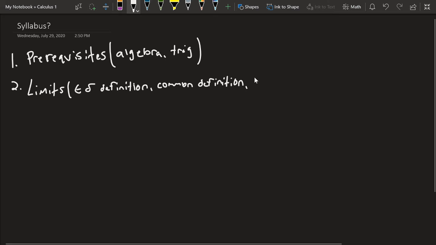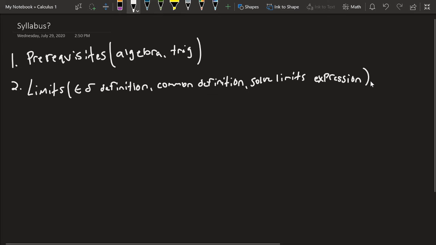Likewise, we'll learn the utilities of the limit, and we'll learn how to solve limit expressions. If I give you some function f of x, and I say find the limit as x approaches some value a of f of x, you're able to evaluate the limit, whether it be a numerical value, whether it be undefined, whether it be indeterminate, in which case you'll have to apply some techniques that we will recall from algebra and trig, luckily.